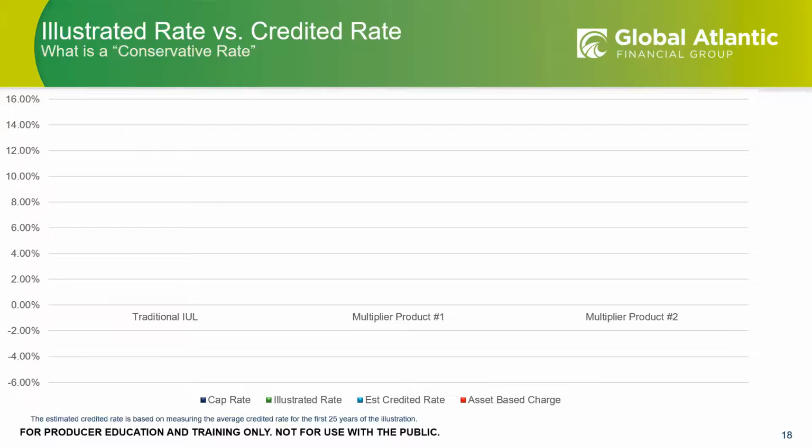So I'm going to walk through an example here of a traditional IUL product and then 2 different multiplier products as examples, using, in general terms, how they work. I'm going to look at the illustrated rate. We'll look at the estimated credited rate through the first 25 years, and we'll look at the average asset-based charge through the first 25 years.